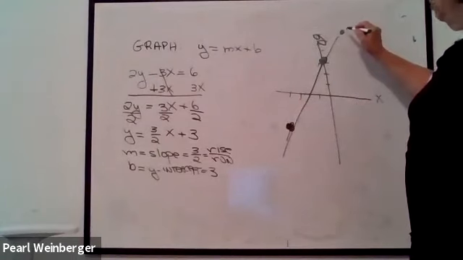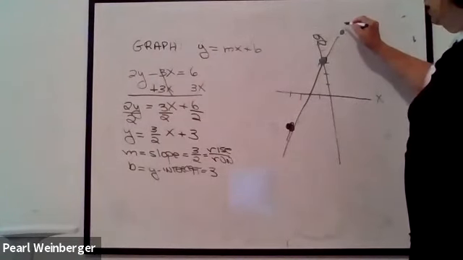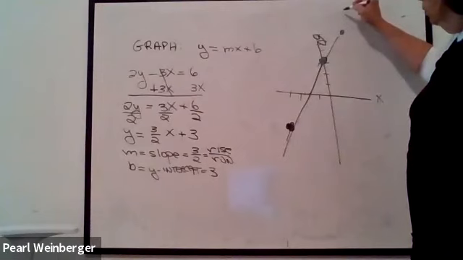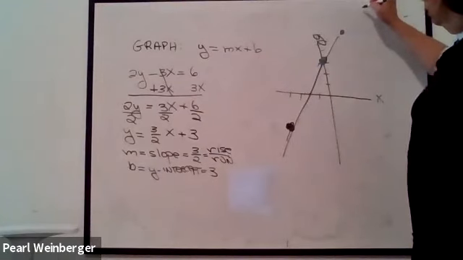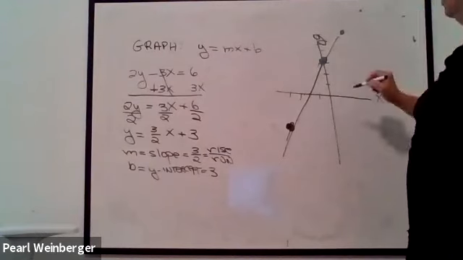I could from there also do the same thing again. I could again rise 3, run 2. Run means go to the right.